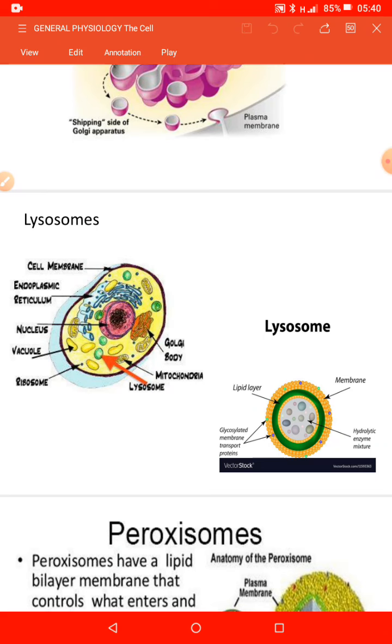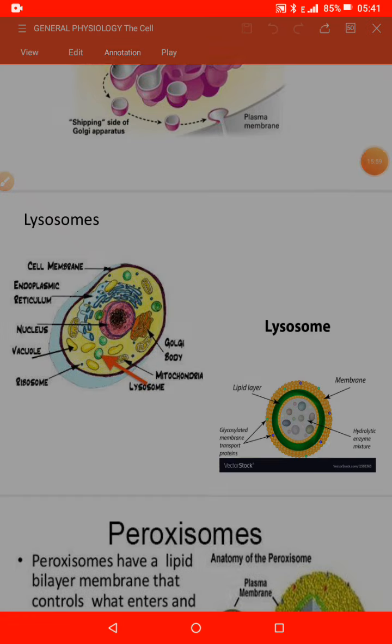Lysosomes are able to secrete things like perforin and enzymes or granzymes, which destroy both viral infected cells and tumor cells. We'll be able to talk about this later on.